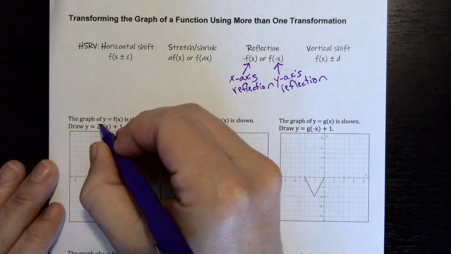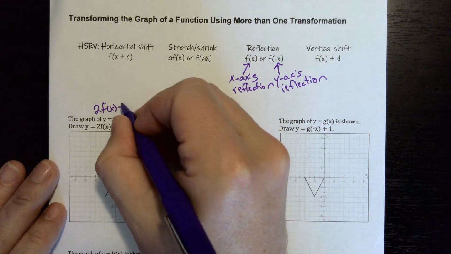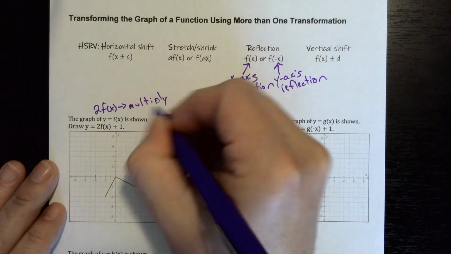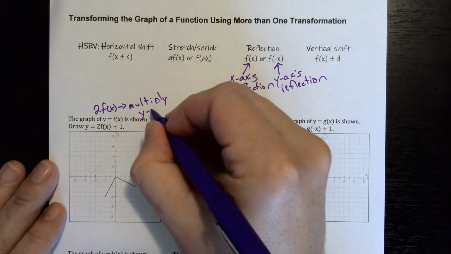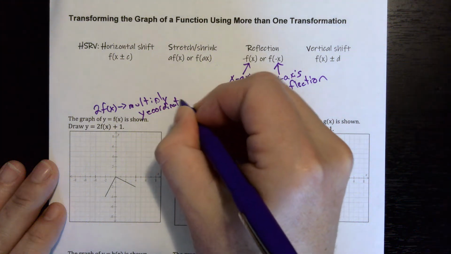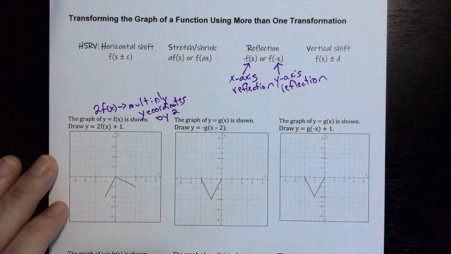So the 2 in front of the f of x, 2f of x means multiply y coordinates by 2. Okay, so that's the first thing we'll do.